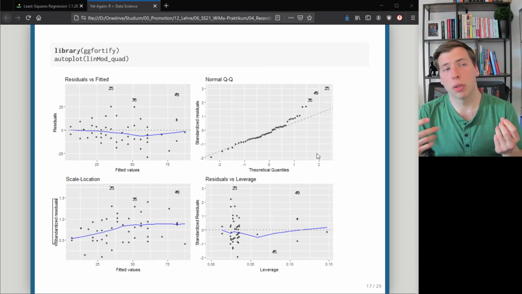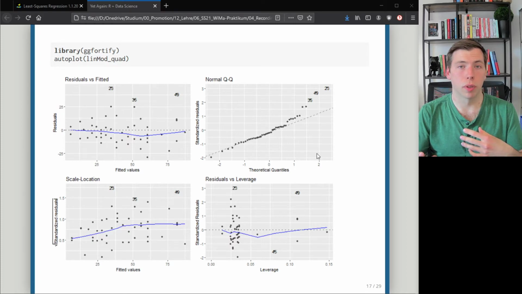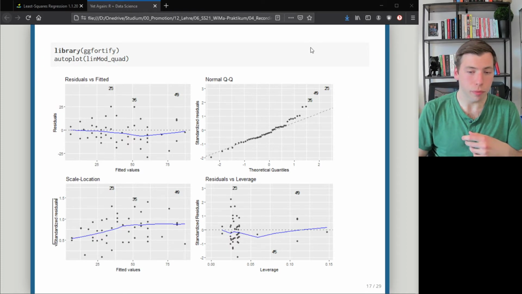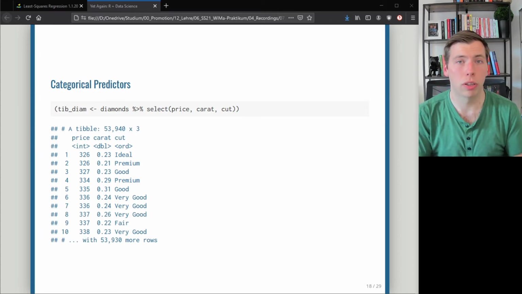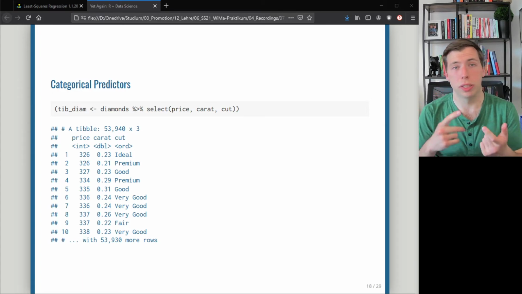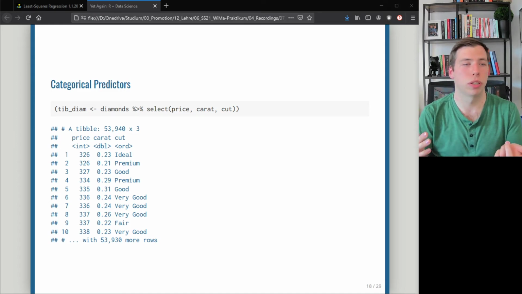So let's talk about what trouble we can run into with linear models in general. Let's look at categorical predictors. So far we only had numerical predictors, so speed and speed squared. But of course we can also have categorical predictors.